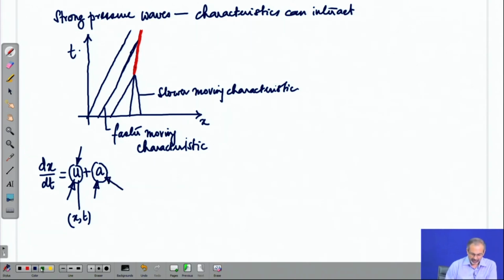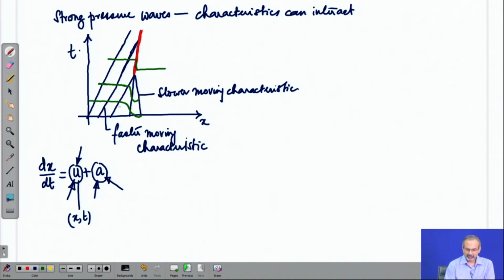Now, if you were to look at the nature of the velocity, then you may have a variation like this. And you will find that the variation becomes sharper as you move in time, and once the shock forms, then there is a real sharp change.